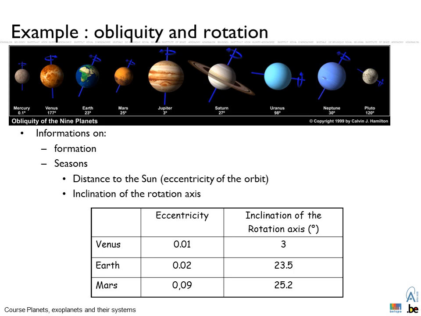The presence of seasons can also be deduced from these orbital parameters. A small eccentricity means a more circular orbit, and if combined with a small inclination of the rotation axis of the planet on itself, like for Venus, this can explain why there are no seasons on Venus.